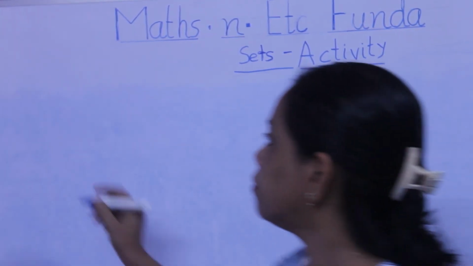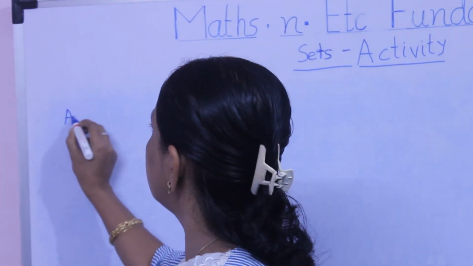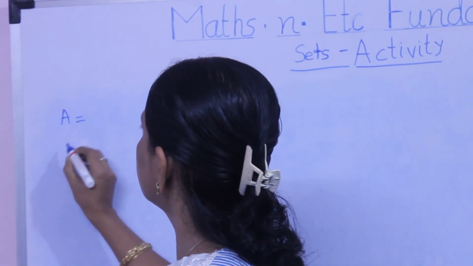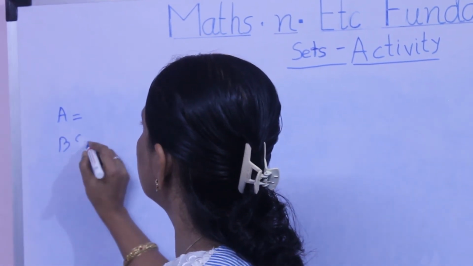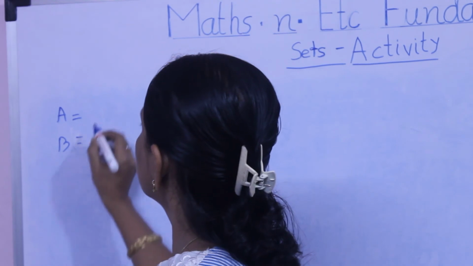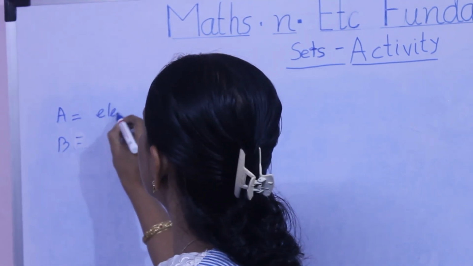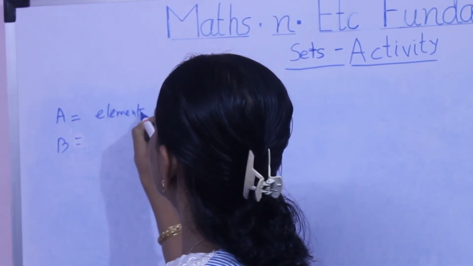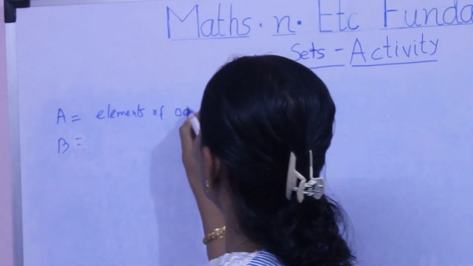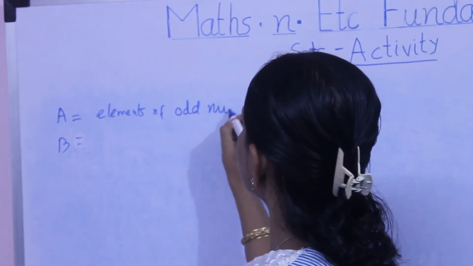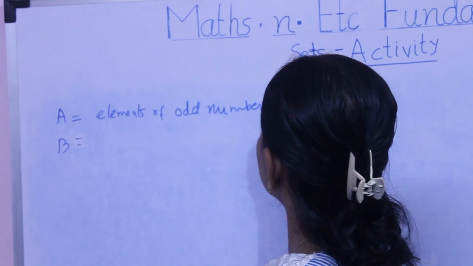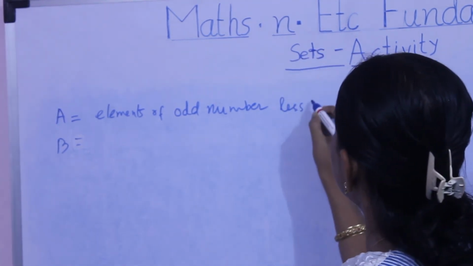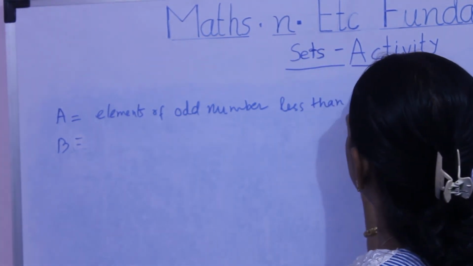So first we write set A and set B. Set A: elements of odd numbers less than 30.